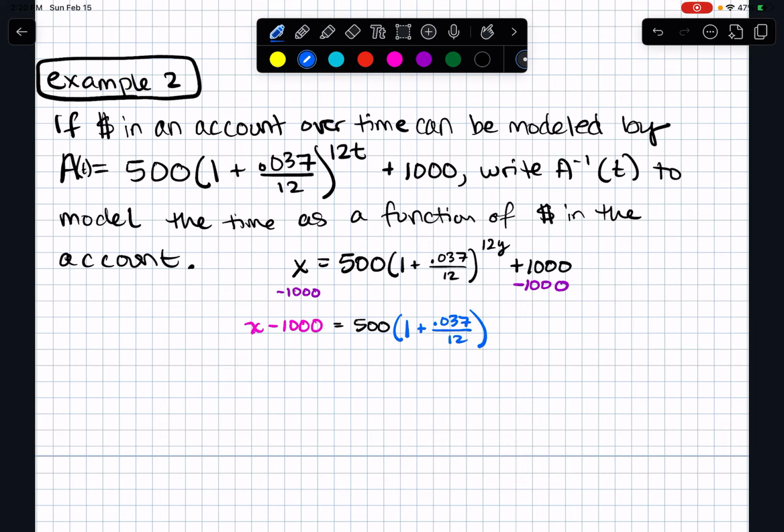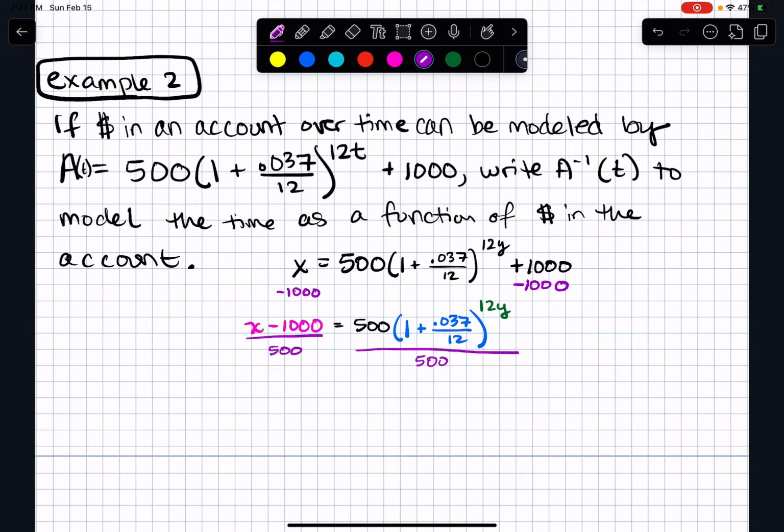So that blue section is all my base, and then my power is 12y. So I almost have base, power, argument, except I still have this 500. So let's get rid of the 500. We'll divide both sides by 500.